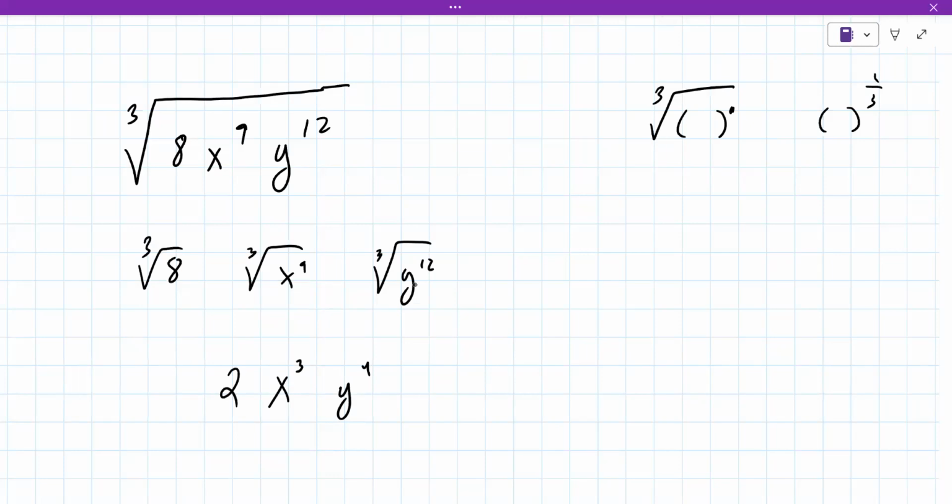Now the cube root of 8, that's a known value, right? That's just 2. Okay, but do you see how those exponents reduce? Yeah, I can kind of see it.